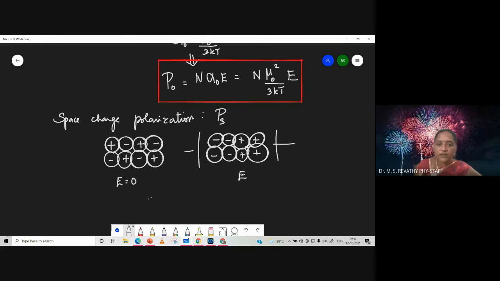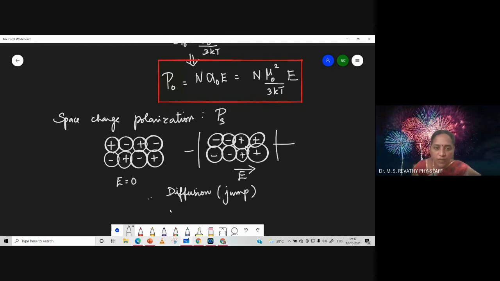This is a weak external field. Here the concept is called diffusion between the ions. Diffusion is also called the jump. There will be a jumping of the ions, and they get shifted because the electric field is applied along this direction. All the positives will move towards the direction of the applied electric field.